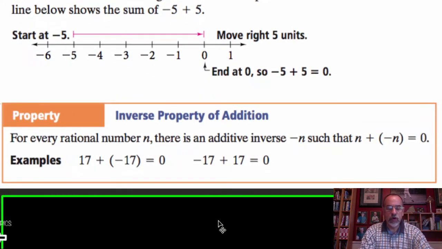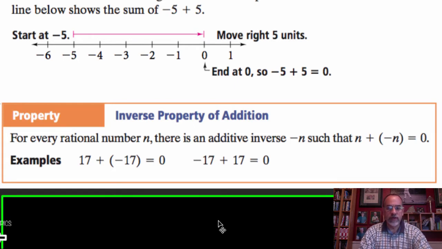So this is what we call the inverse property of addition: for every rational number there is a number called its additive inverse, such that when you add a number to its opposite, you always end up with the value 0. And this is going to be extremely important when it comes to solving equations and why we're able to solve equations.